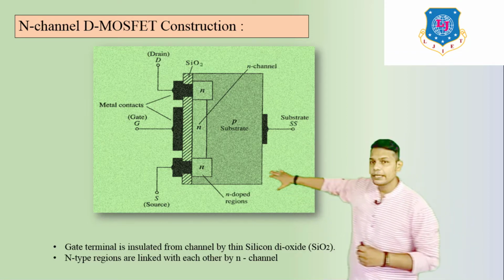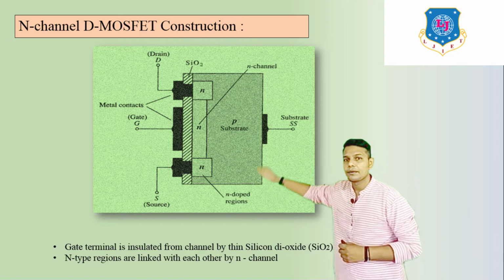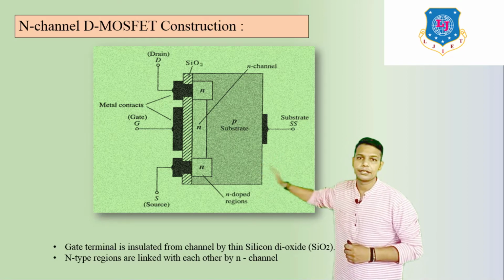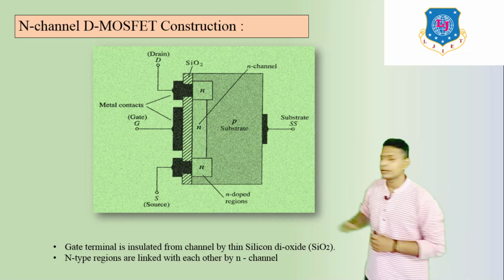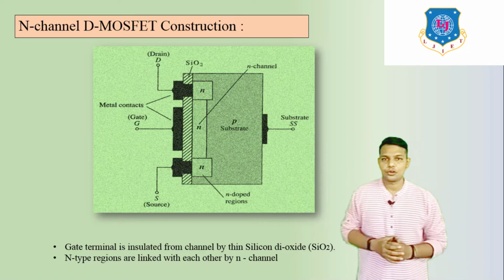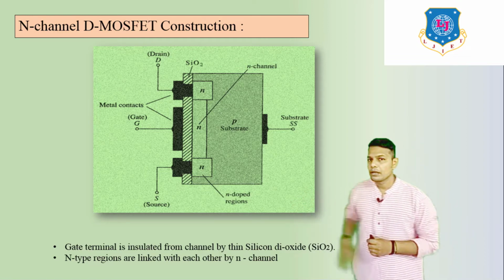Here you can see in this area is the P region, so the majority carrier charges are holes, and in the N-type region the majority carrier charges are electrons. This is the construction.